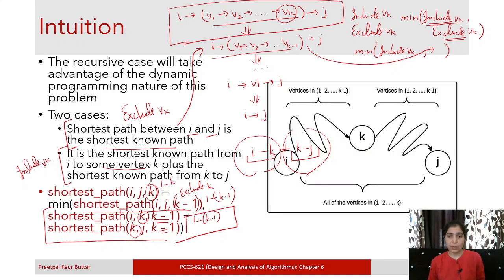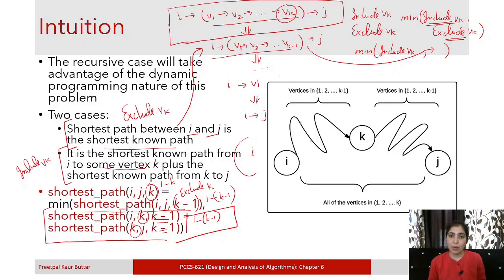For a better understanding, let us look at this diagram. Here you are including k. So k is the intermediate vertex in the path from i to j. When you decide to include it, your solution is divided into two subproblems.